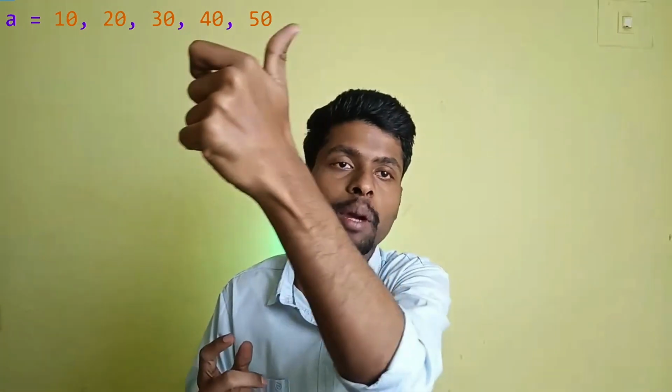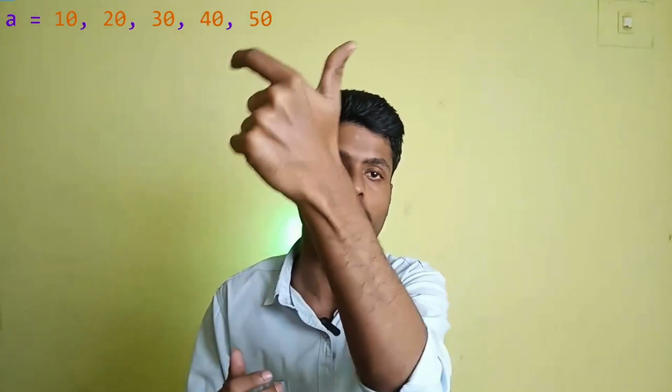To define this as my list, we need to give this value within a square bracket. Then only our Python interpreter considers this as a list value. As of now, this is a normal value and this is a normal variable. To define this as my list, we need to write the value within a square bracket. Hope I am clear.